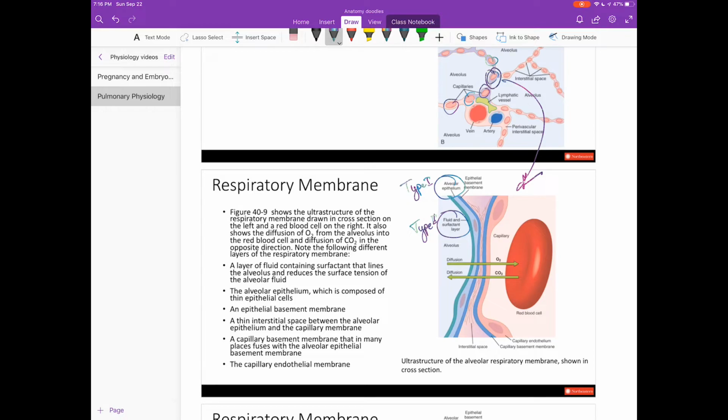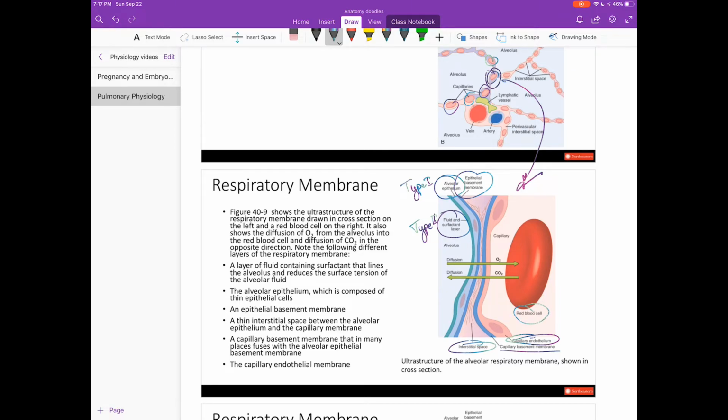Each of the pneumocytes is on a basement membrane. Basement membranes are adjacent to the capillary basement membrane via the interstitial space, which is filled with connective tissue. And then the capillary endothelium, which is the epithelium of the vessel that sits on its basement membrane, lines the capillary. And then inside the capillary, you have our red blood cell.